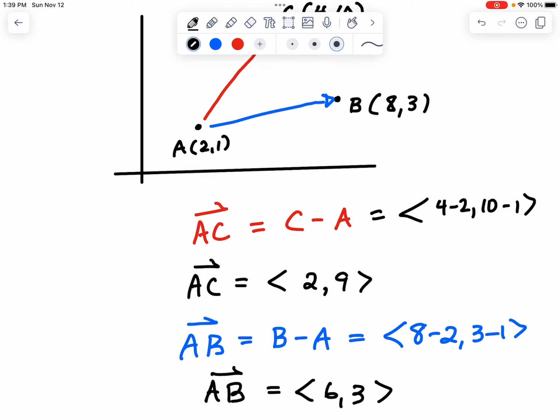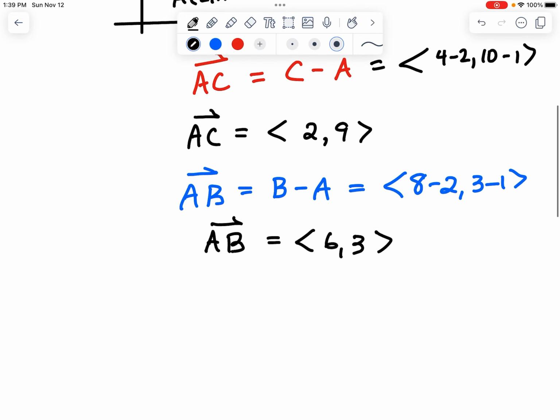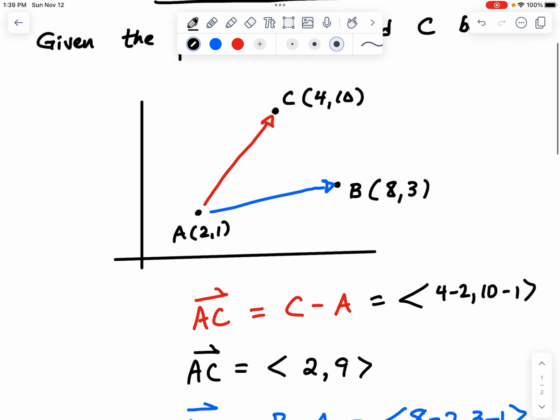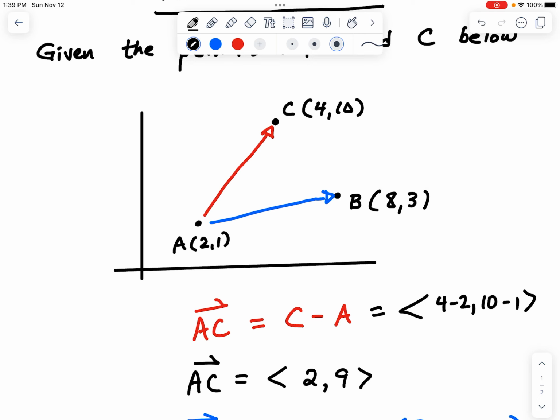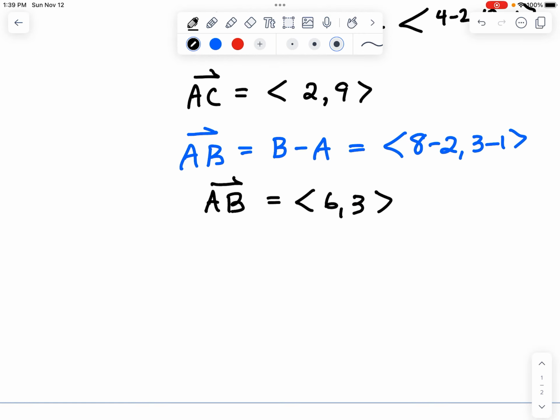All right, then find the angle A. So that means that for angle A, we just need to take the cross product of the 2 vectors. Excuse me, I was jumping ahead to something else.